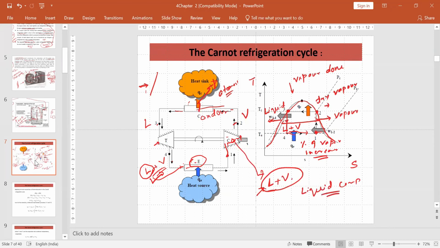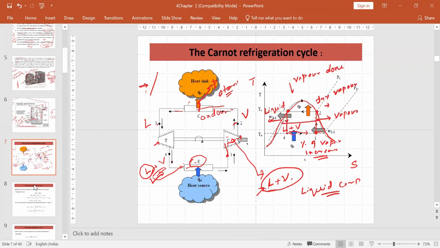That is why it is very difficult to compress a mixture of liquid and vapor from point 1 to 2. Similarly, in the expansion, this is a turbine. Again, the turbine has to deal with a mixture of liquid and vapor. So this process is also very difficult.